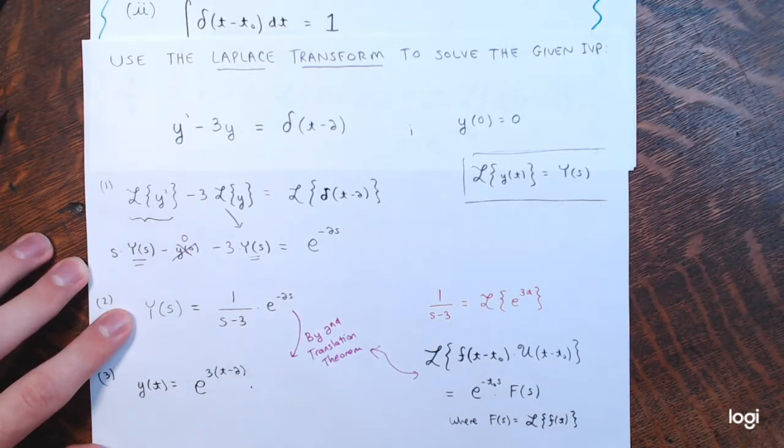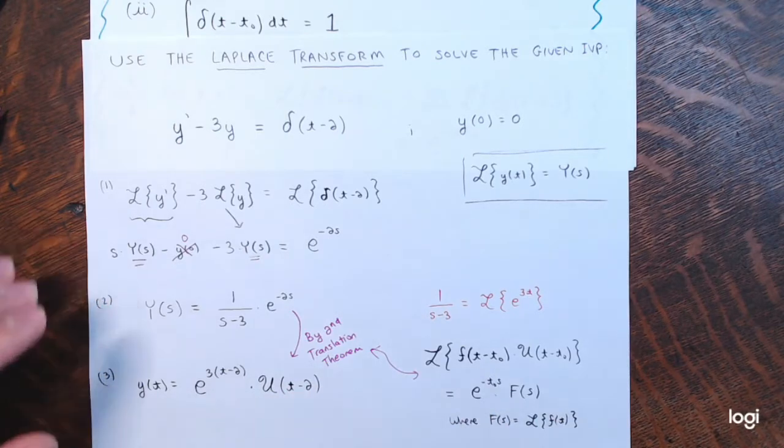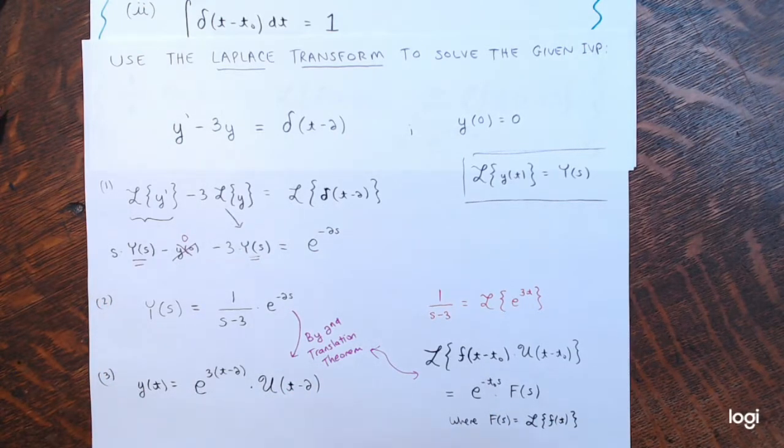And then this is multiplied by the unit step function at t minus 2. Okay, remember, anything with this unit step function attached can be written as a piecewise defined function as well, and I'll get to that in a second. All right, but first I'll box this.